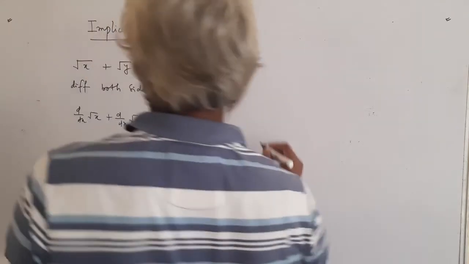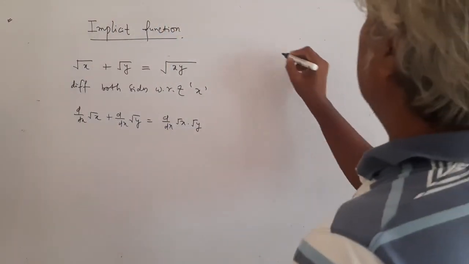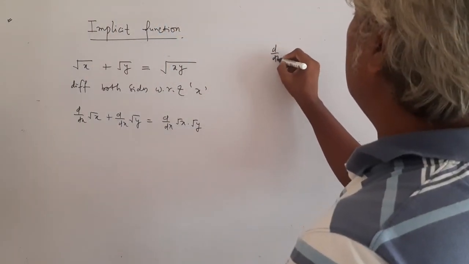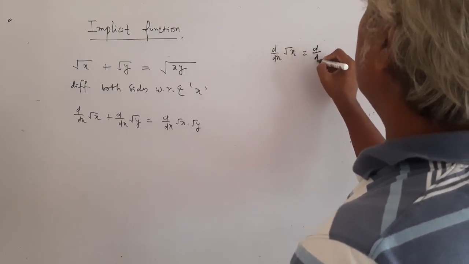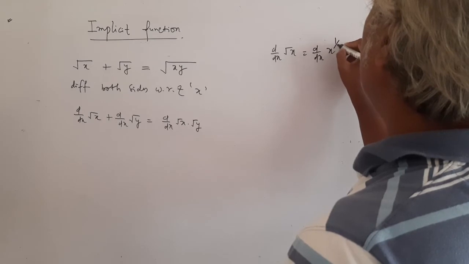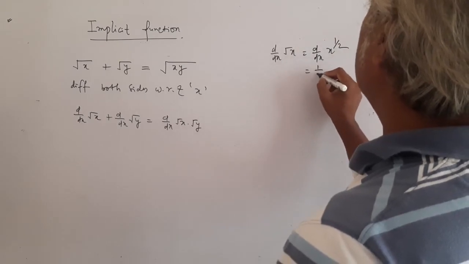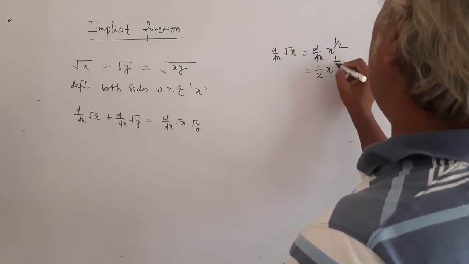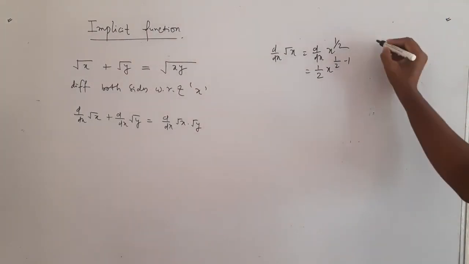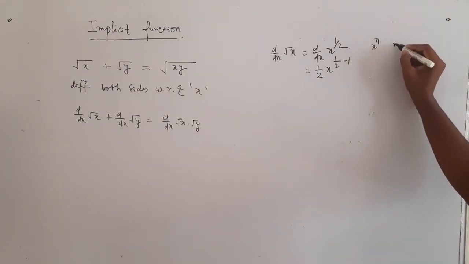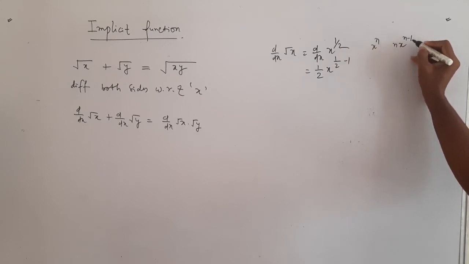Now first I have to find what is the differentiation of root x. So differentiation of root x is actually differentiation of x to the power half, and this is half x to the power half minus 1, using the same formula, that is, differentiation of x to the power n is n x to the power n minus 1.